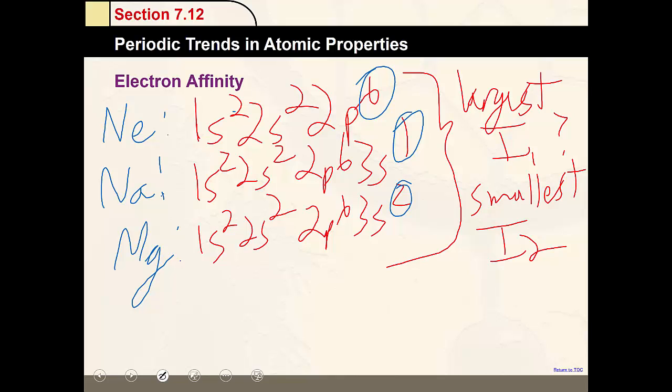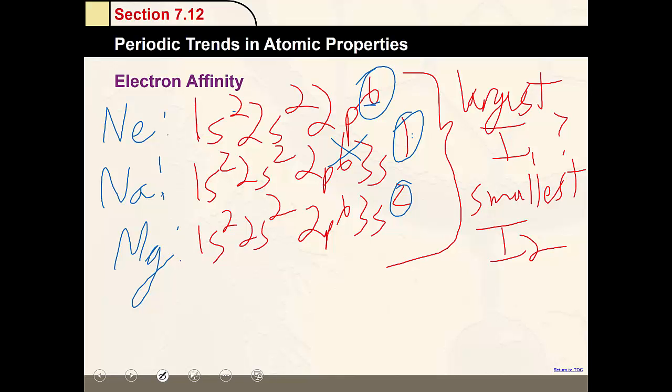For the second part, the smallest second ionization energy. If you look, neon, both electrons would be removed from the 2p sublevel. For sodium, the first one's removed from the third energy level, from the 3s sublevel. The second one is removed from the 2p sublevel, which is much closer to the nucleus.